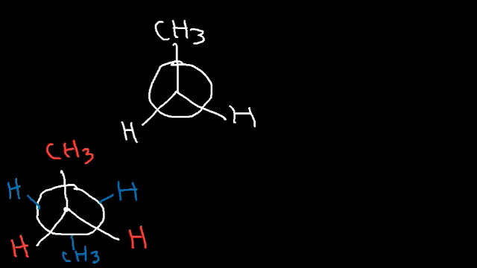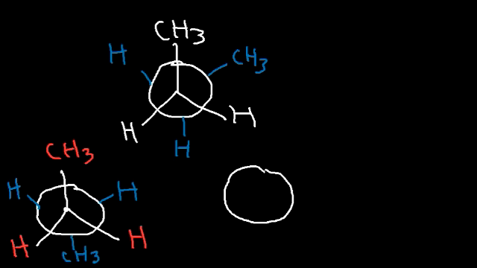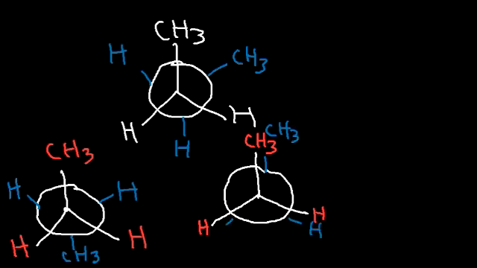Let's rotate the back carbon. So I can put the methyl group on this side, and the other two hydrogens here. Or I can also draw it a different way. I can put the other methyl group right behind this one, and so the hydrogens will be here.